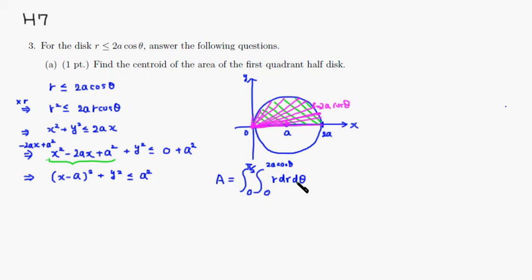If you compute this, I'll skip it, since from geometry the area of the half disk is one half pi a squared.